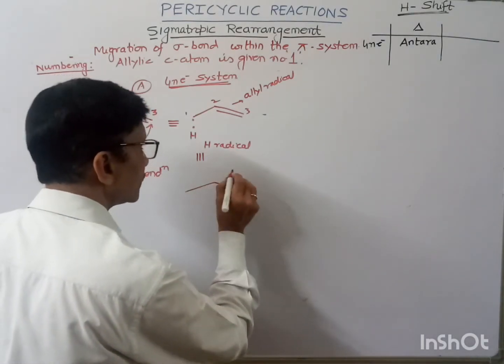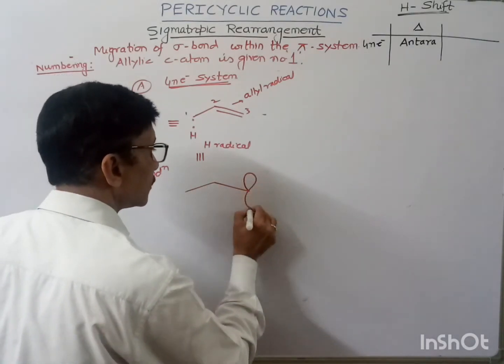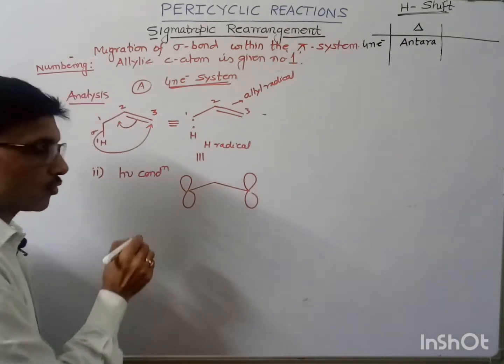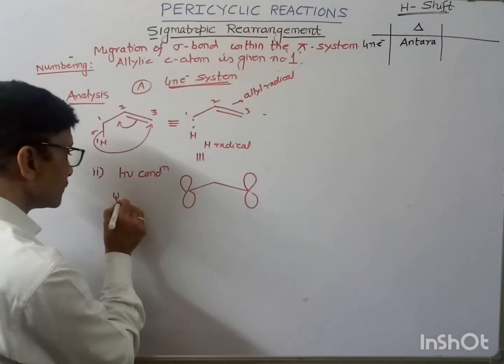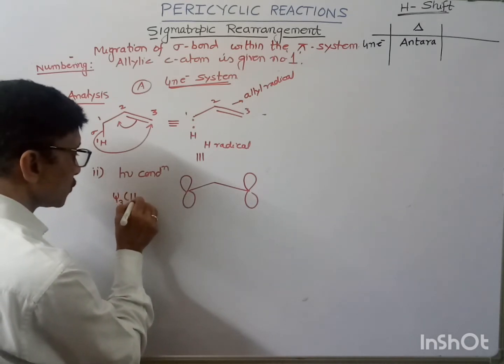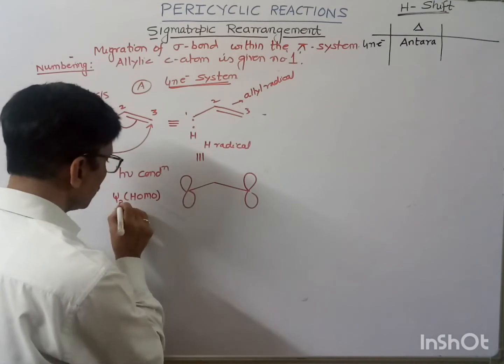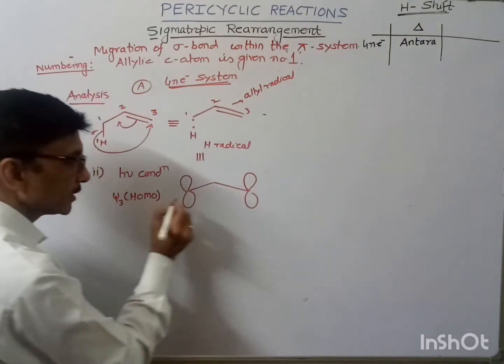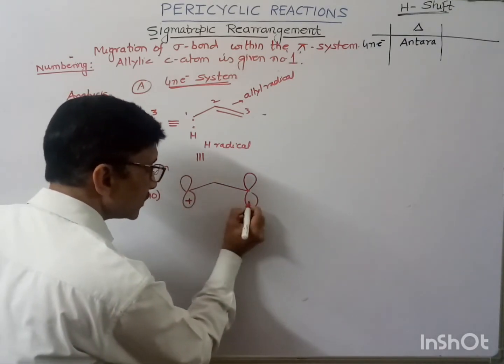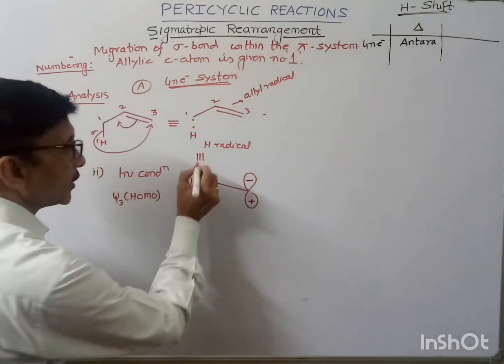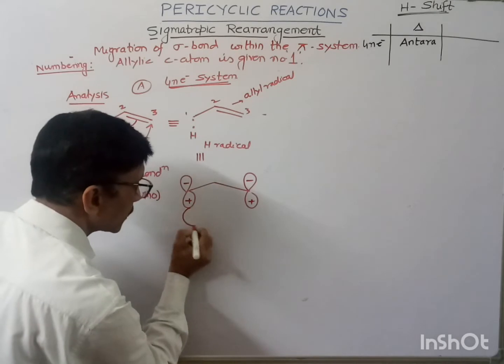We should take, under photochemical condition for this allylic radical, the HOMO would be psi 3. Psi 3 is the HOMO under photochemical condition. This is an odd molecular orbital, that's why the end orbitals will have the same sign, minus minus. Now hydrogen is attached over here.